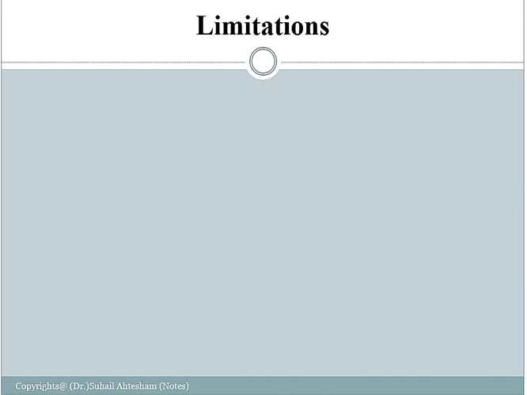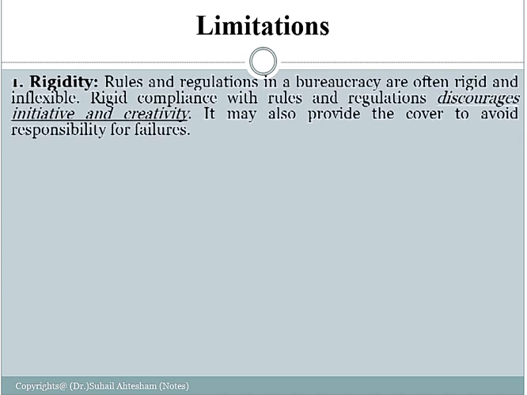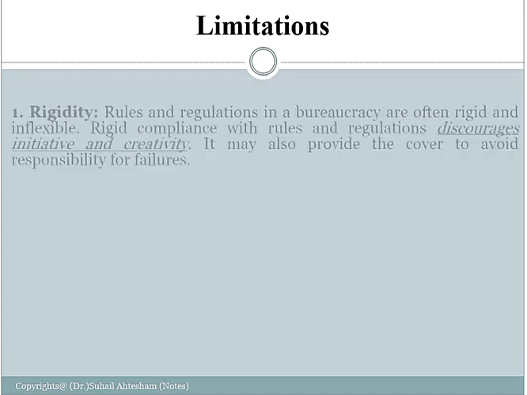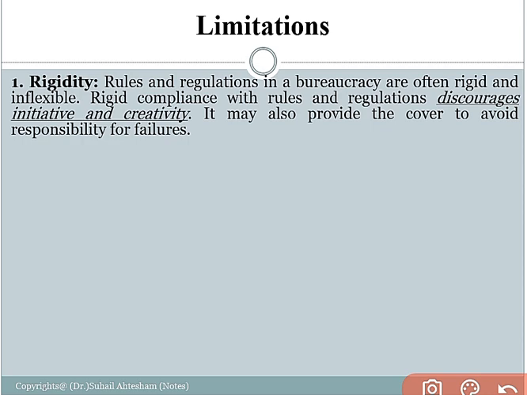Coming to the next, the limitations of bureaucracy theory. First is rigidity. In bureaucracy theory, there are certain fixed rules and regulations which have to be followed by every employee working in the organization, maybe at supervisory level or subordinate level. So there will be some rigidity in the organization. Also, if some rules and regulations are imposed, then initiative and creativity will be discouraged in the organization.